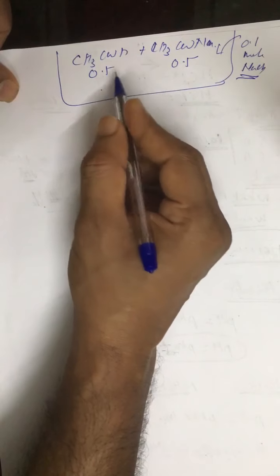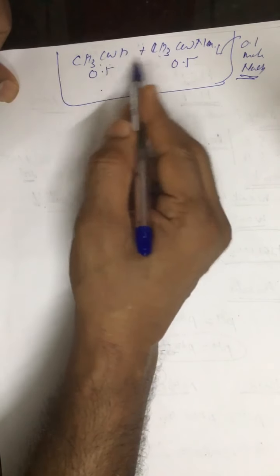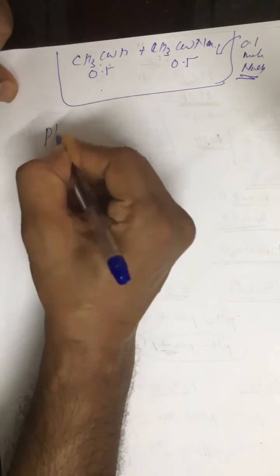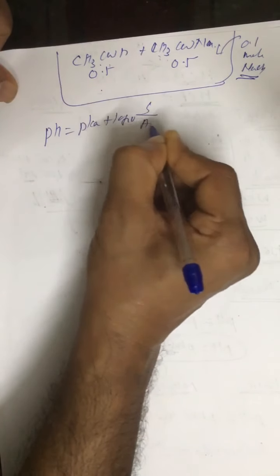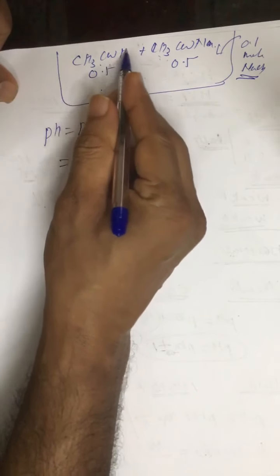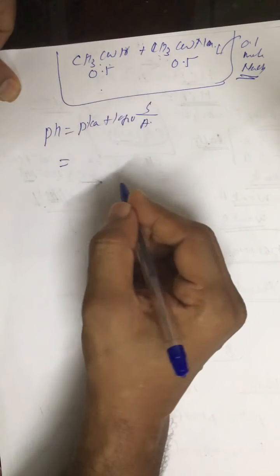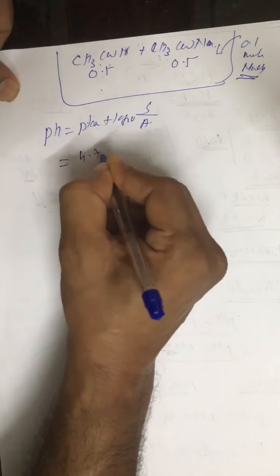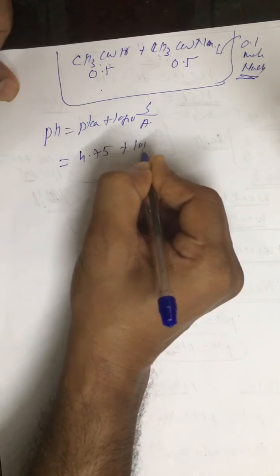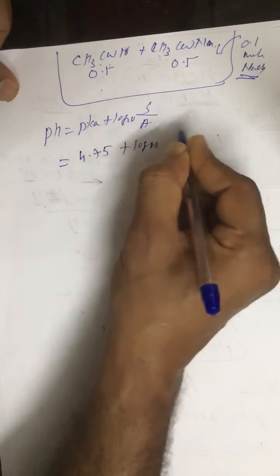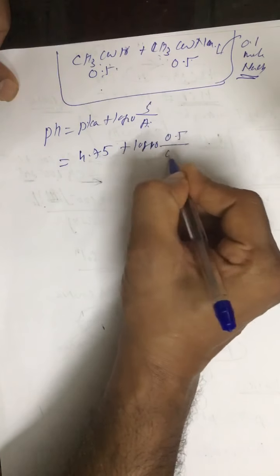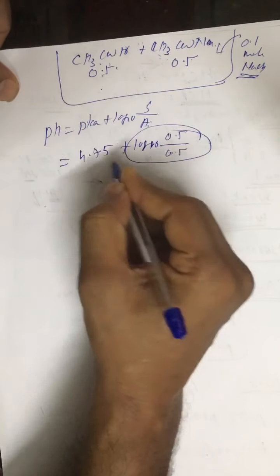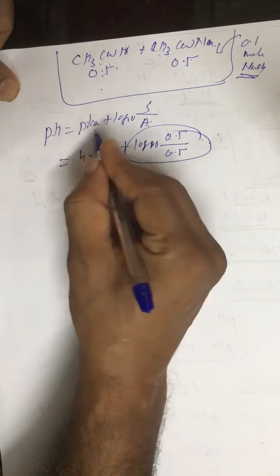Initially we have acetic acid and sodium acetate, so pH is equal to pKa plus log salt upon acid. The pKa value of acetic acid, I told you, is 4.75, plus log salt upon acid. We have 0.5 mole each, so it is log 1. So initially pH is equal to pKa, which is 4.75.